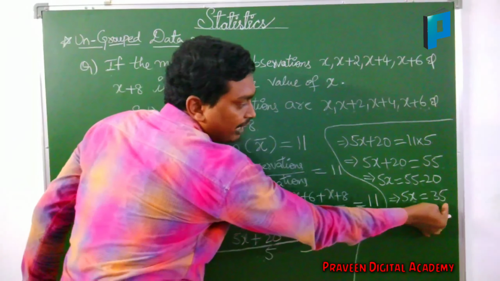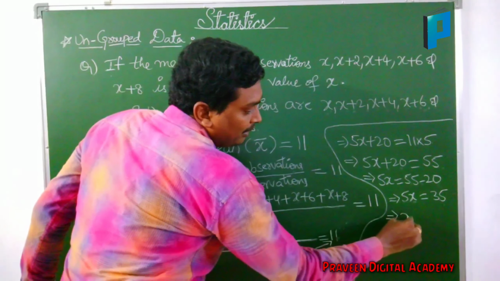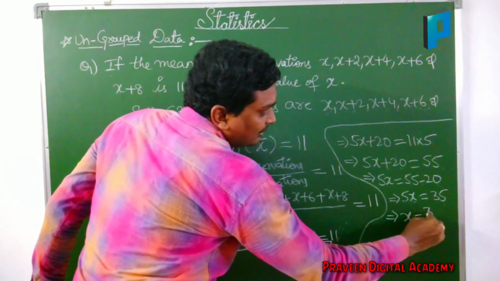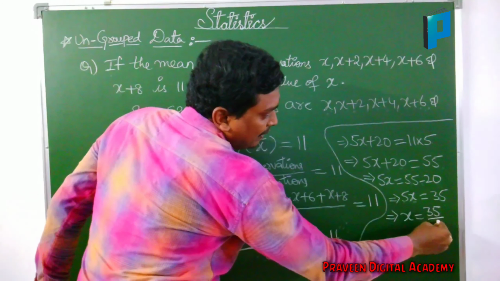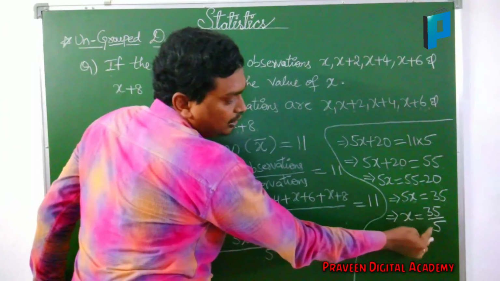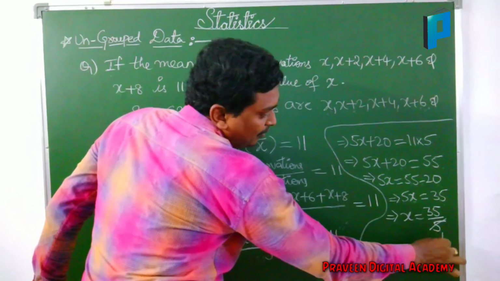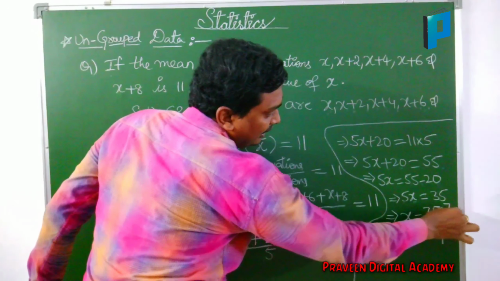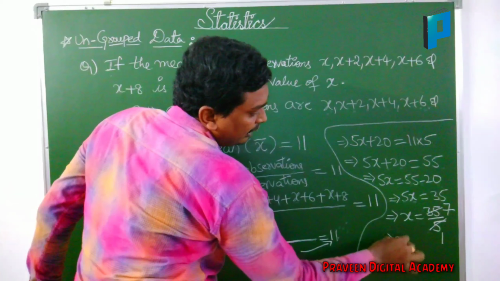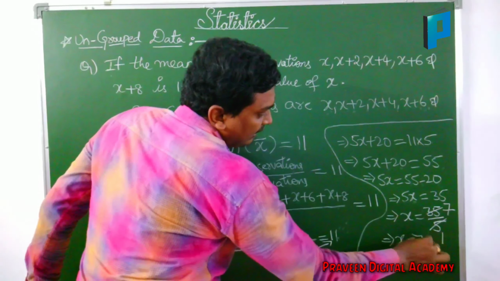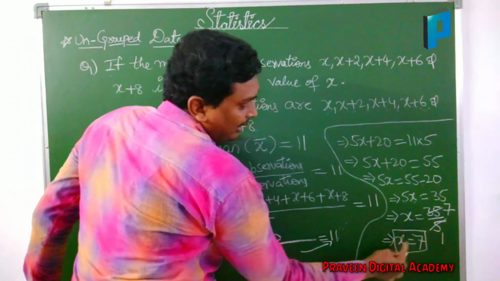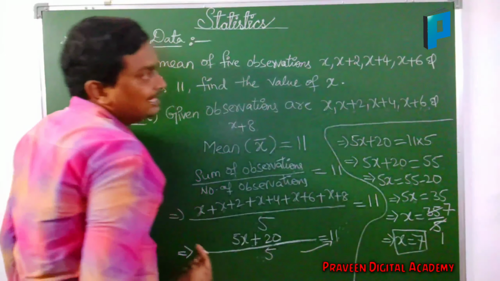You transpose this 5 to the other side. It will become x is equal to 35 by 5. And these both will cancel in the 5 table: 5 ones are 5, 5 sevens are 35. So at last we got x is equal to 7. The x value we got is 7.